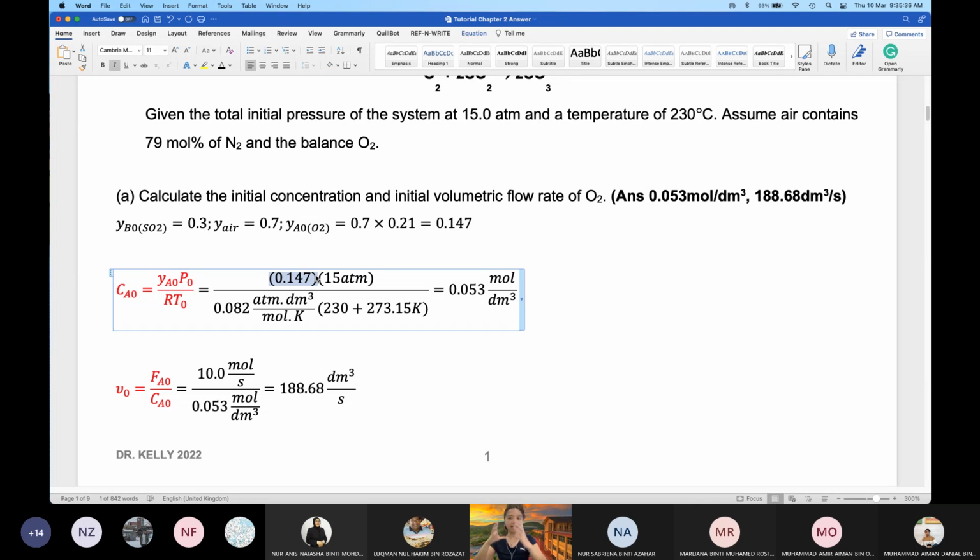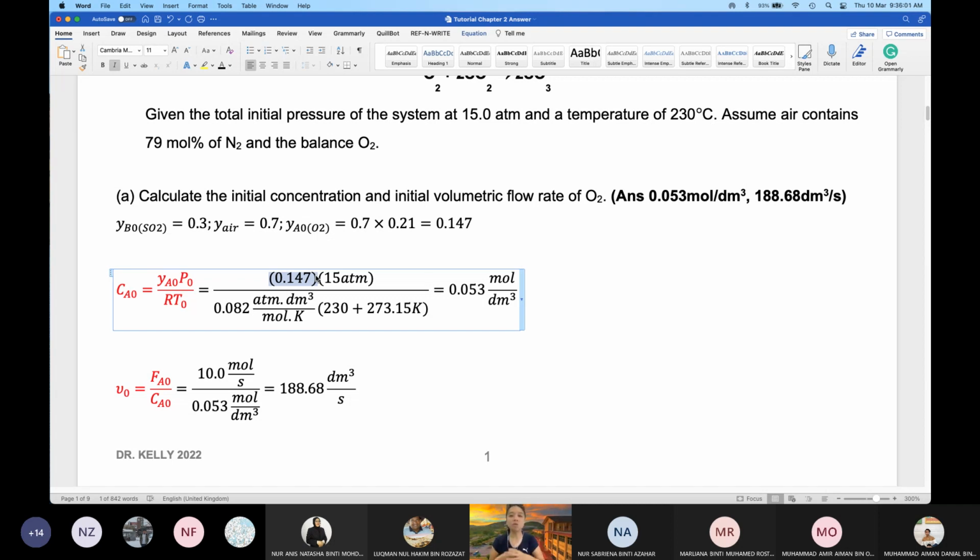Dalam 70% air ini ada lagi terbahagi kepada 79% N2, 21% O2. Kamu kena ingat yang 79-21 ni adalah percentage dalam 70 itu. Dia tak mewakili percentage keseluruhan for the whole system that also includes the SO2.